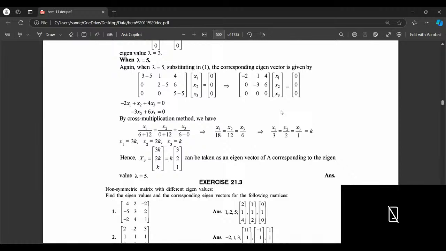So using two equations: minus 2x1 plus x2 plus 4x3 equal to 0, and 0x1 minus 3x2 plus 6x3 equal to 0.